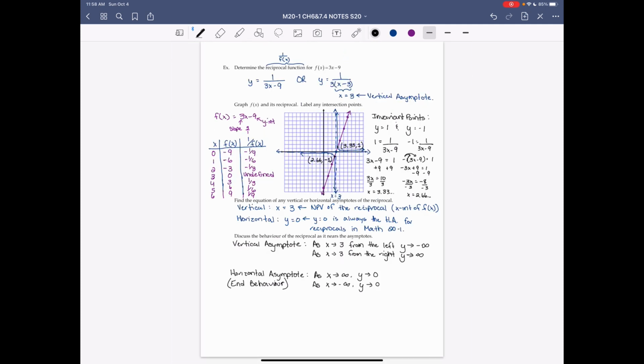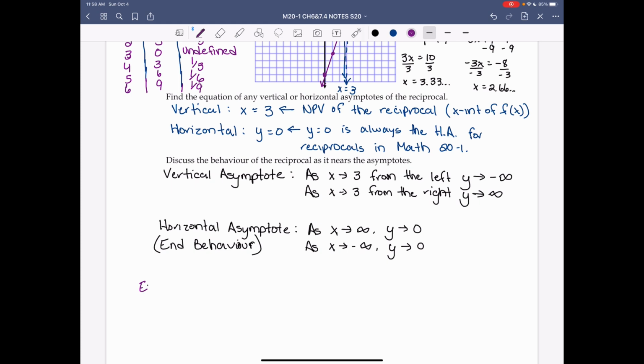Let's also just take a look at the domain and range here. We'll do the function y equals 3x minus 9, and then y equals 1 over 3x minus 9.